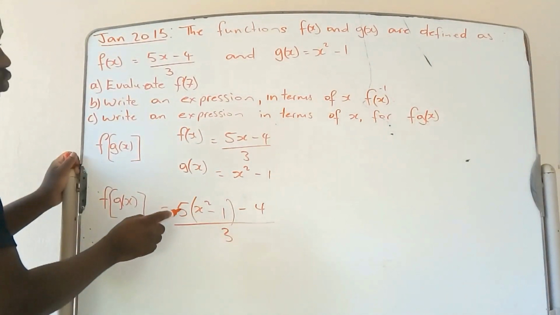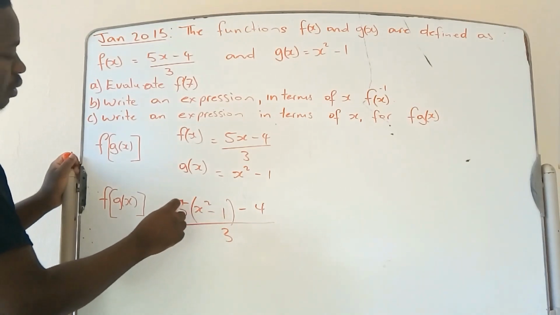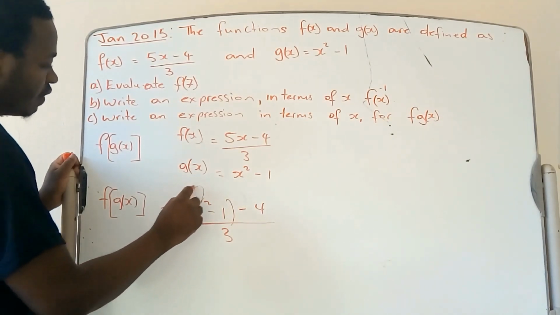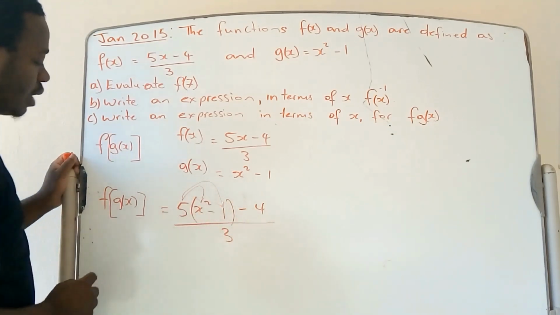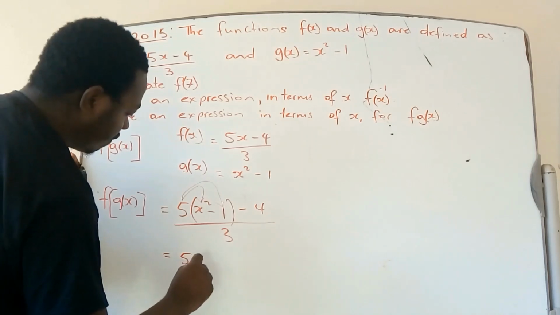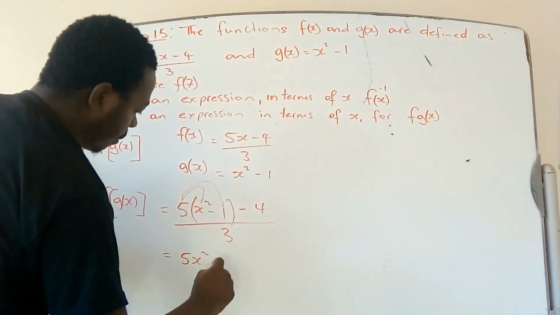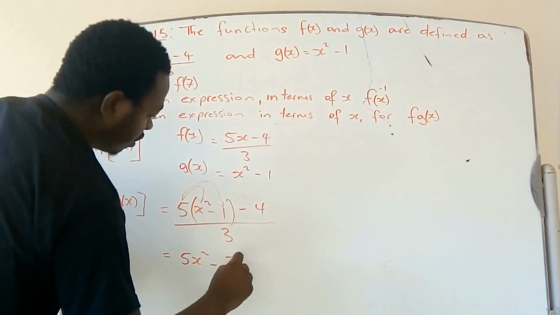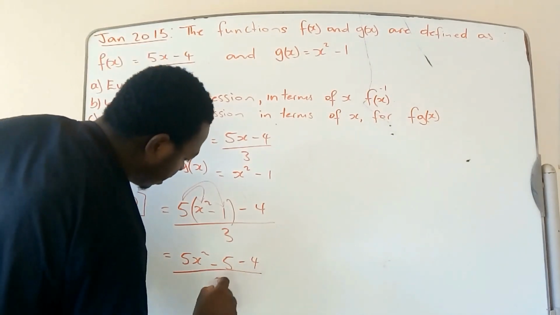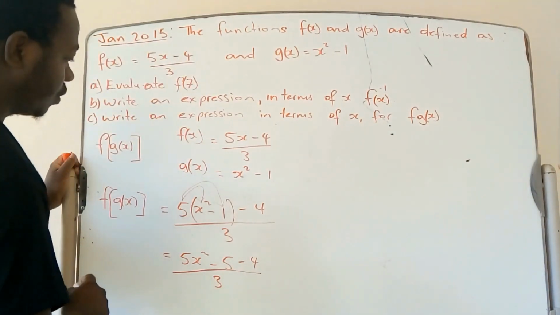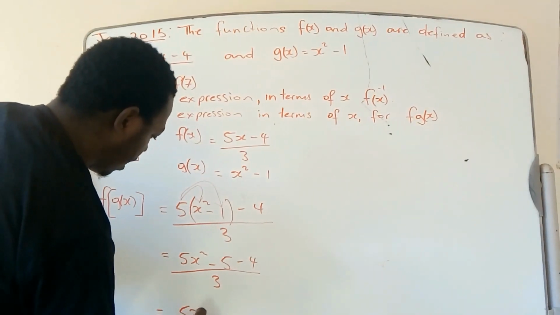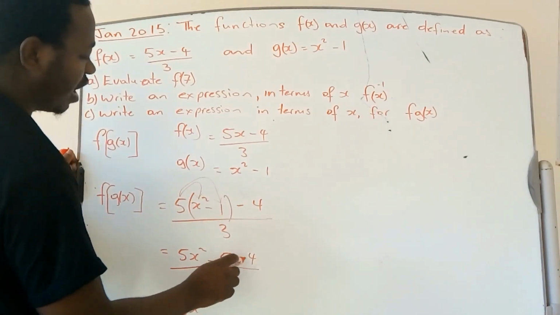Now you can distribute this 5 to each term in the bracket. You take the 5 to multiply the first term, take the 5 to multiply the second term, right? So 5 times x squared gives us 5x squared minus 5 times 1, that's 5, minus 4, all of that divided by 3, which is equal to 5x squared minus 5 minus 4.